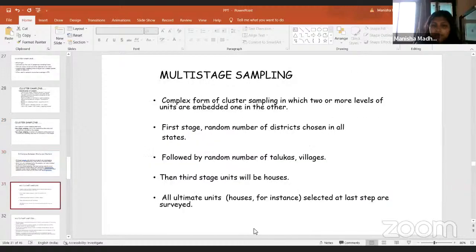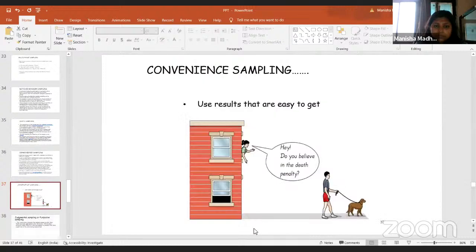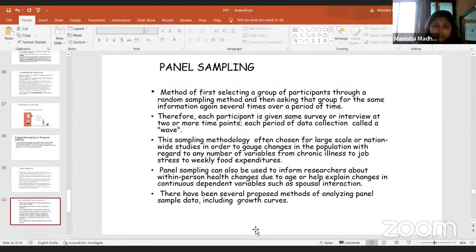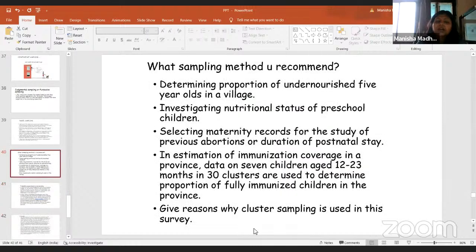Already I have explained the difference between strata and the cluster. Now, what sampling method do you recommend?